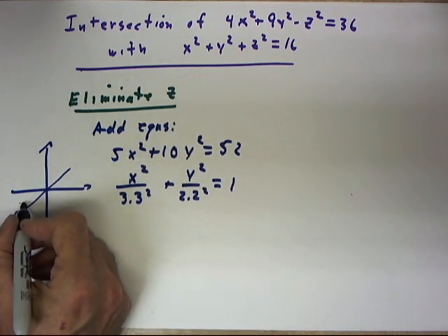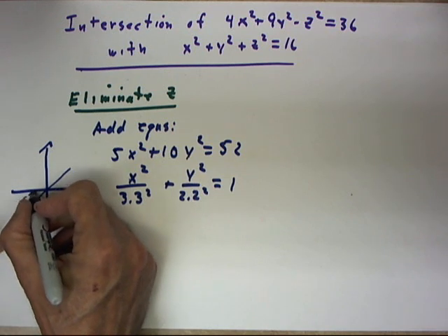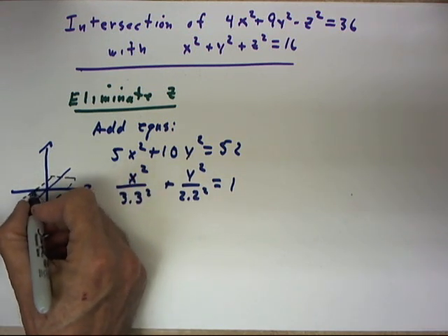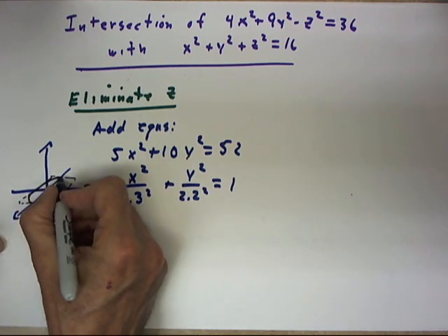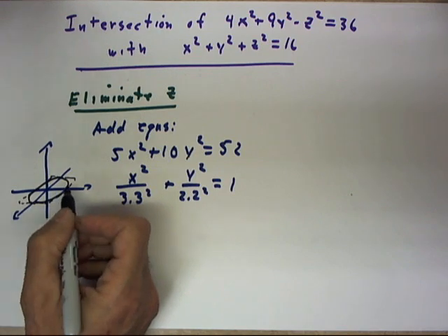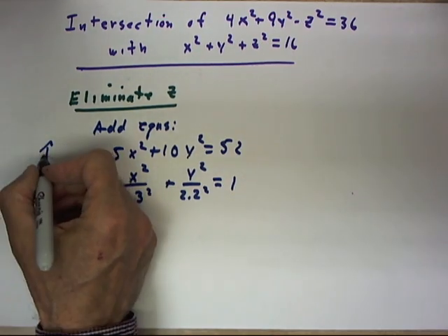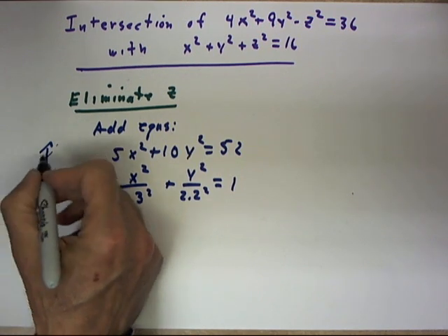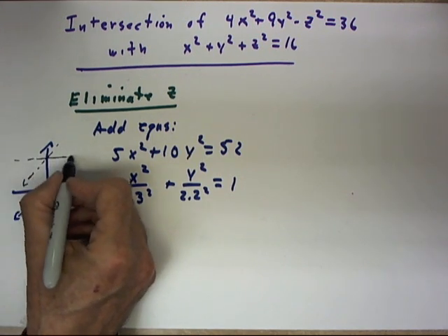What this means is we can construct our rectangle down here, and here's our ellipse. If we move up to a higher plane with a different value of z, it doesn't make any difference.